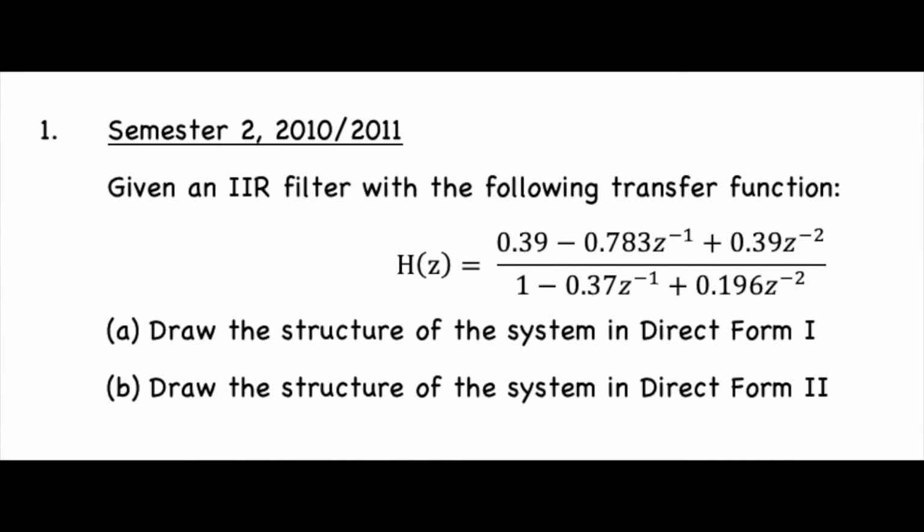Next we move to the second sub-question, which is to sketch direct form 2. Direct form 2 is a canonic structure, so we are going to combine the delays. The numerator and denominator will share the same delay.